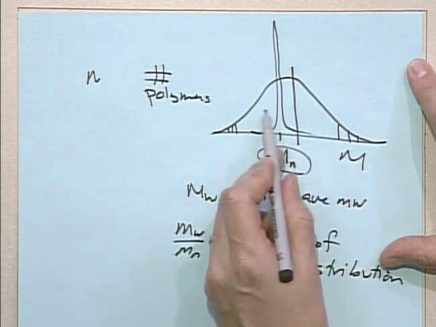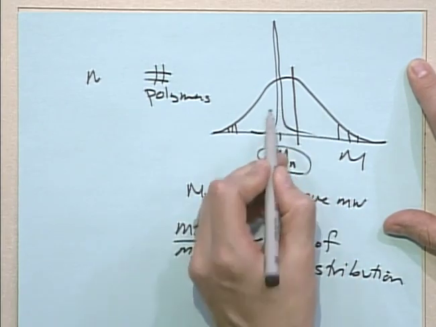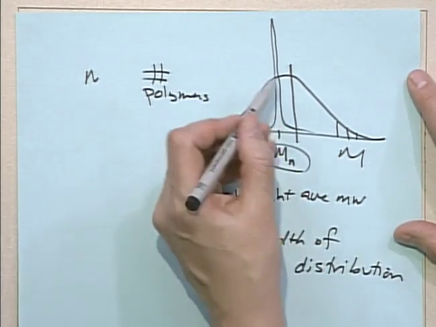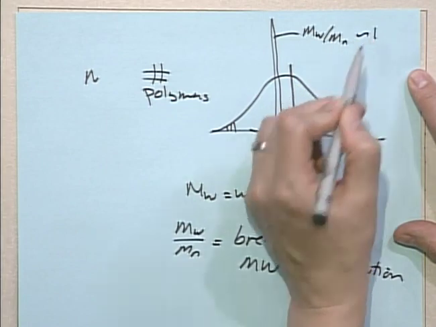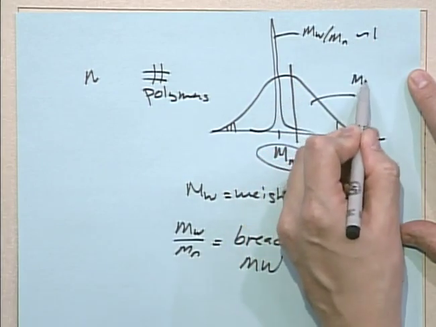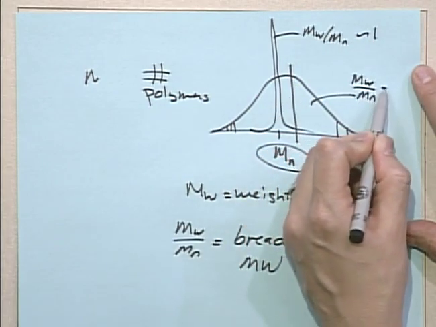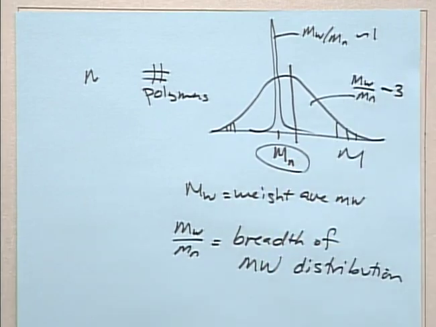So this is a broad molecular weight distribution, this is a narrow. This one would have Mw over Mn of about 1. And this one would have Mw over Mn of, let's say, 3 or 4.